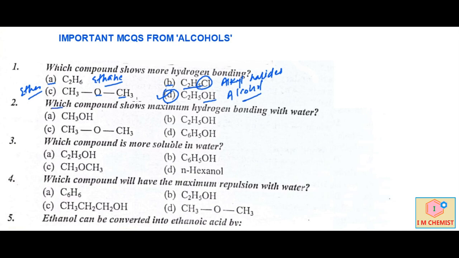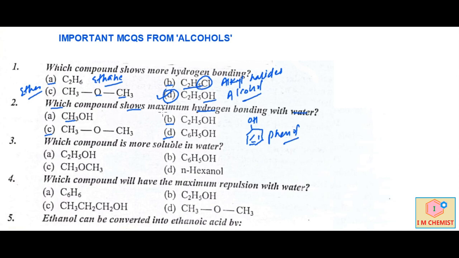MCQ number 2, which compound shows maximum hydrogen bonding with water? Various options are given. Option number A is methanol, option number B is ethanol, option number C is dimethyl ether, and option number D is phenol, C6H5OH. That is actually a benzene ring, and if you attach OH with this benzene, it will form phenol.